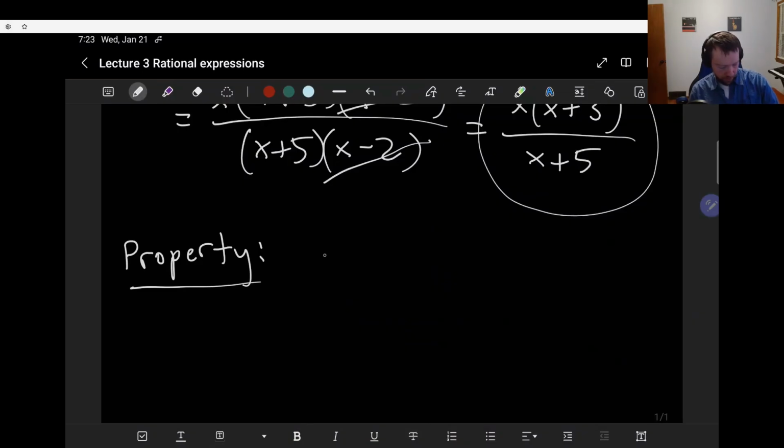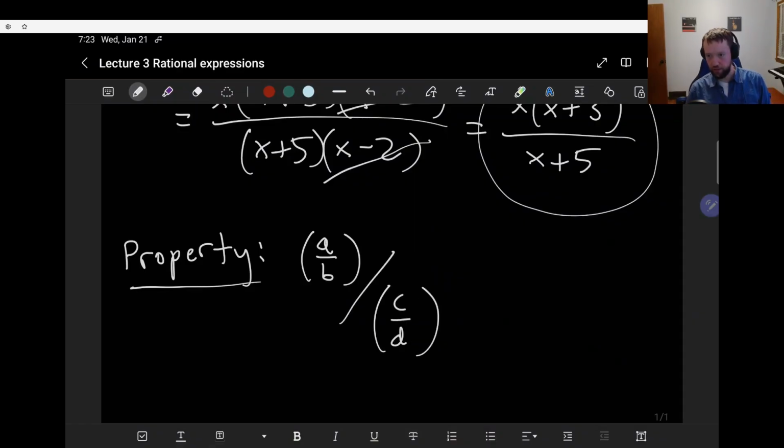Now this property, we're going to discuss what do you do if I have a fraction divided by a fraction, or a rational expression divided by a rational expression. Well, the trick is don't panic, but turn it into a multiplication problem.